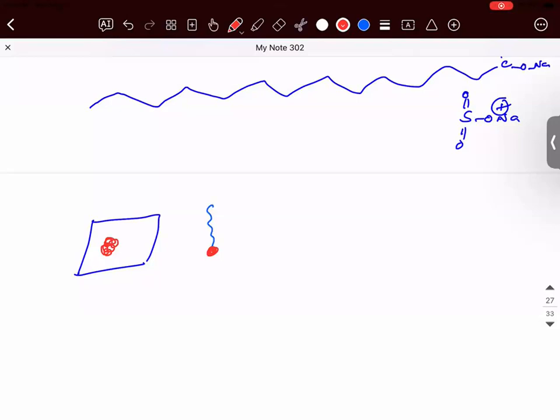So what will happen as a result? The grease will be surrounded by the like groups, which will attract it. The red part will be the hydrophilic polar part, and the blue will be the non-polar part.